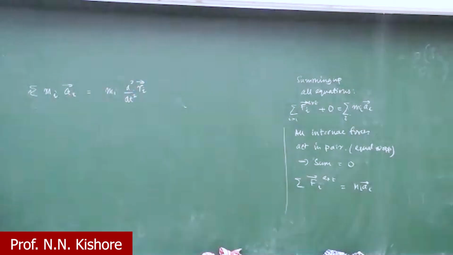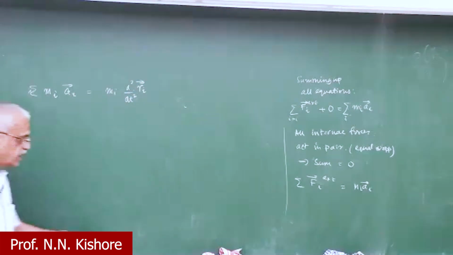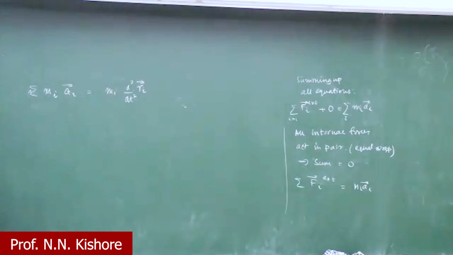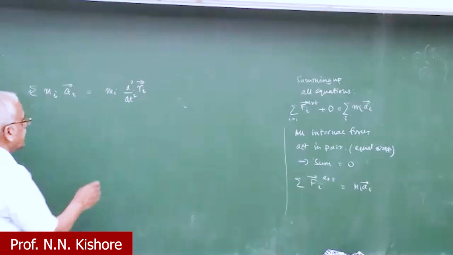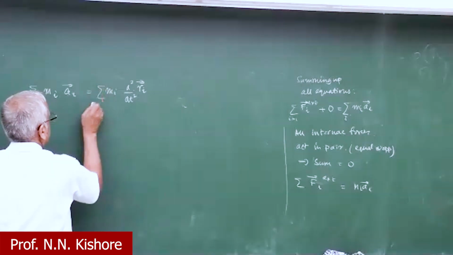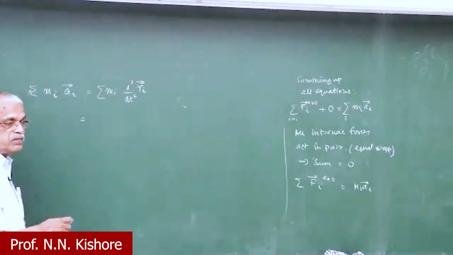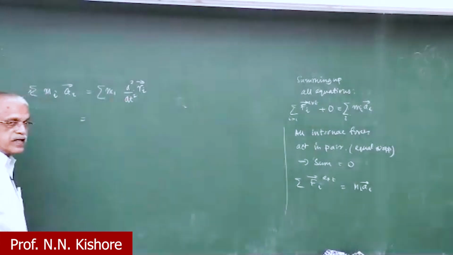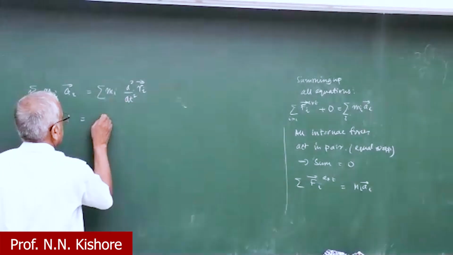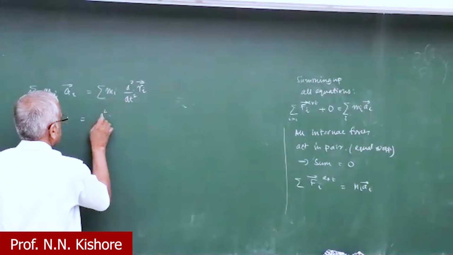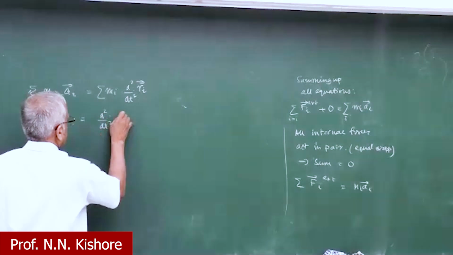So that is where G is. That means that if you add all these position vectors multiplied by the mass, then you will get G, the position vector whose position is defined by this one. So this is how we define the center of mass.